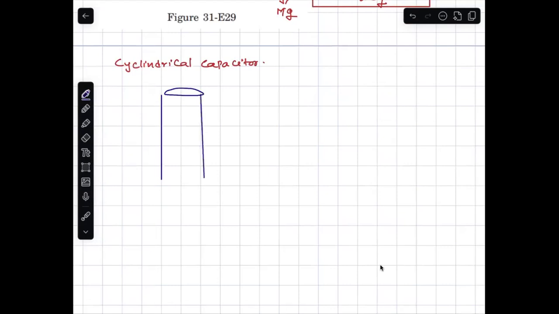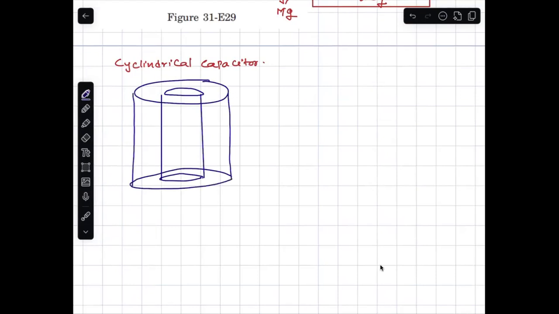Imagine an infinite cylindrical capacitor. So I'm showing you a very finite portion. Infinite. So at any point which is at a distance r, you know the expression for intensity of the electric field.